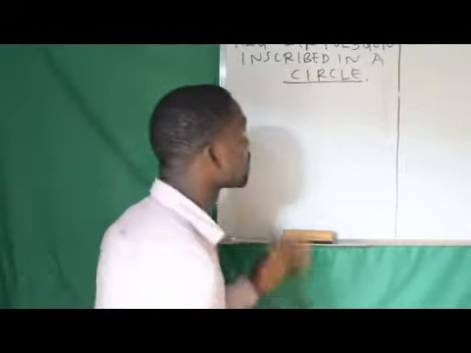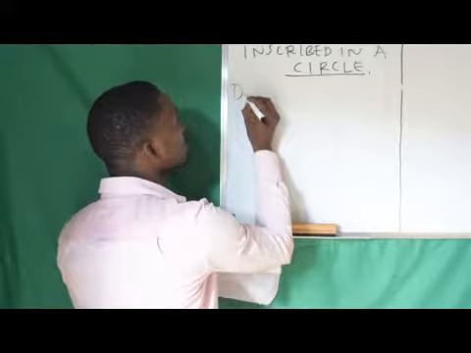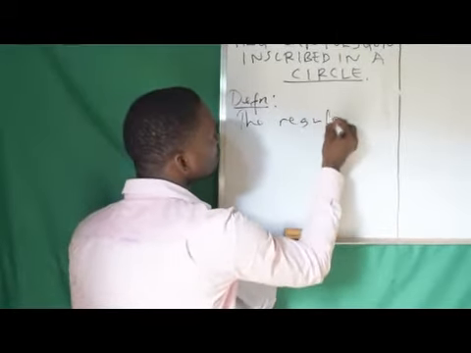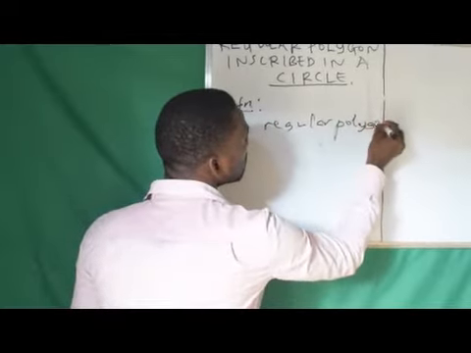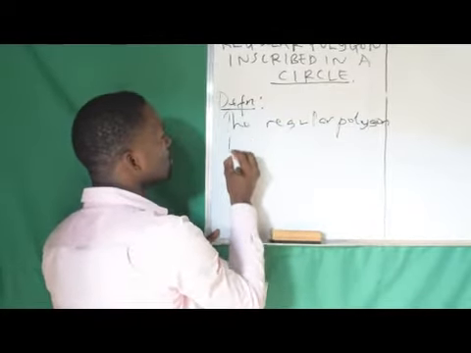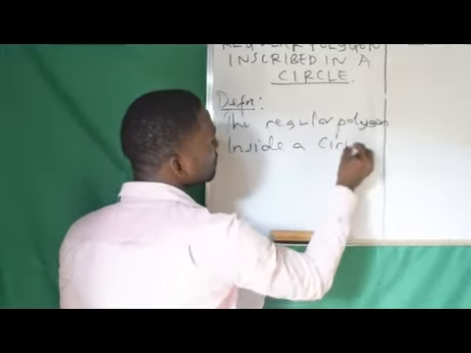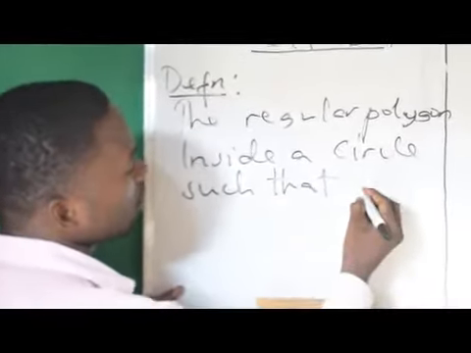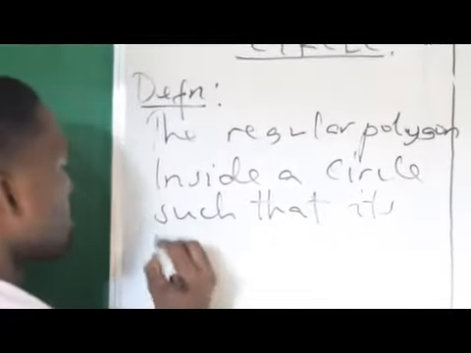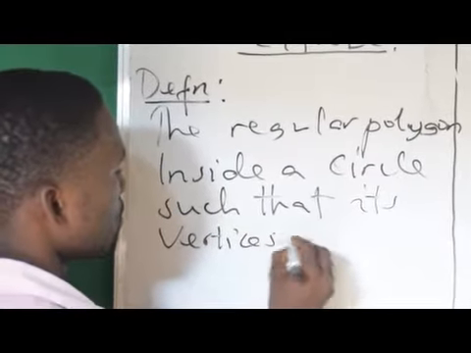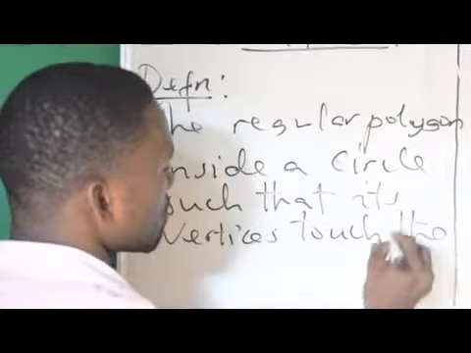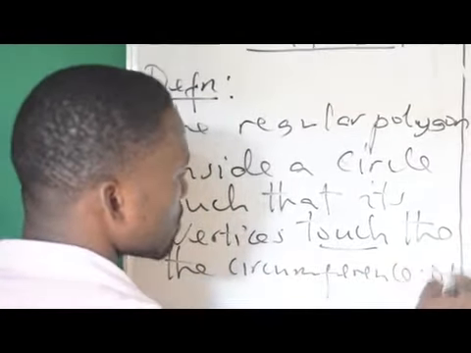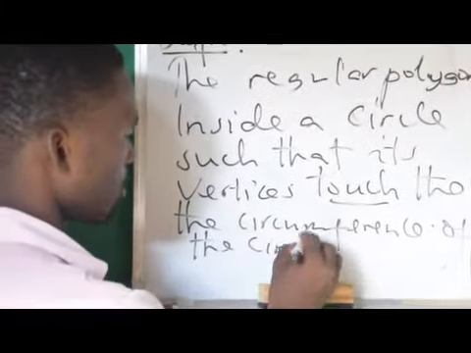A regular polygon inscribed in a circle is defined to be the regular polygon inside a circle such that its vertices touch the circumference of the circle.